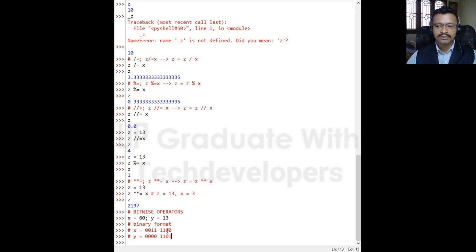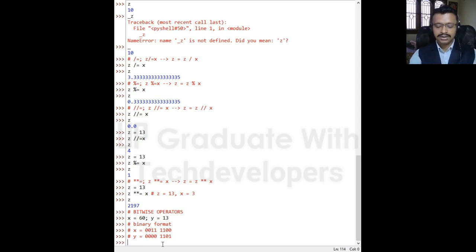Again, the second one is 0 0, so it will copy the value 0, and in the third case 1 1 copies 1, and in the fourth case 1 0, it won't copy, the result will be 0, means false. And in the next case, that is 0 0, both are 0, so the result will be 0.